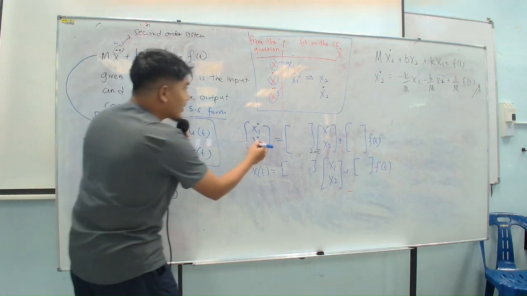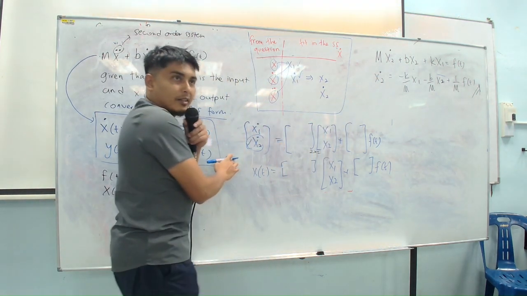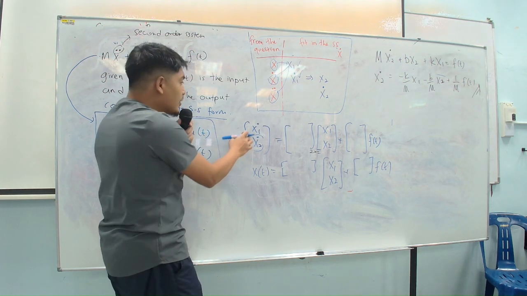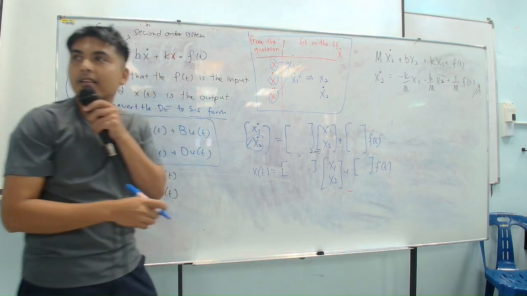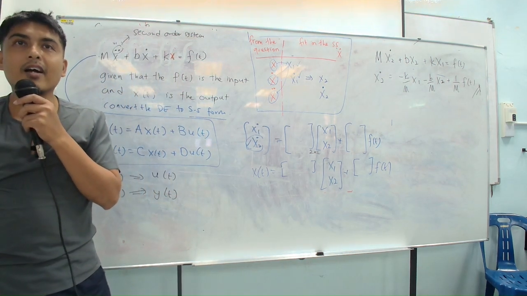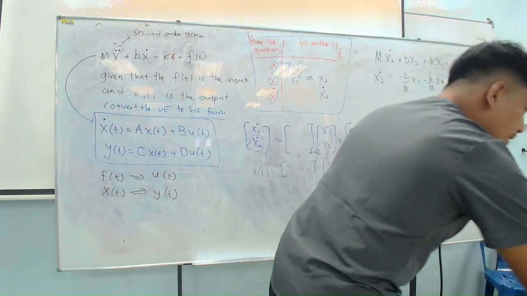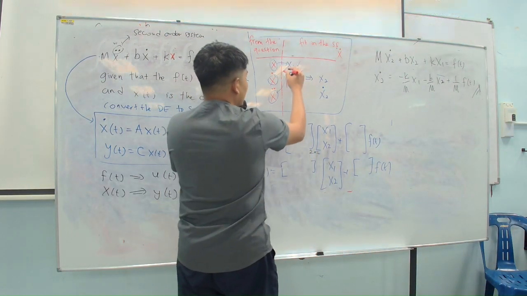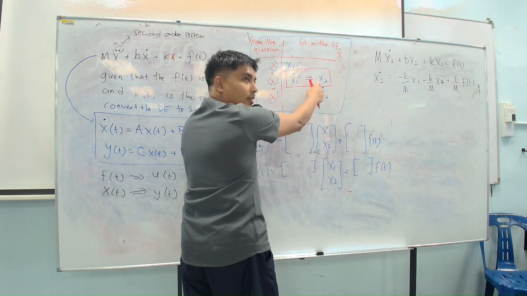We already get the x2 dot equation, right? Now we have not yet solved x1 dot. So x1 dot equal to what? x1 dot equal to x2, because according to our table, we set that x1 dot equal to x2.